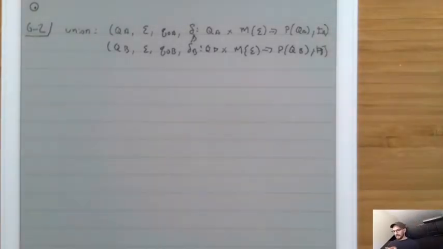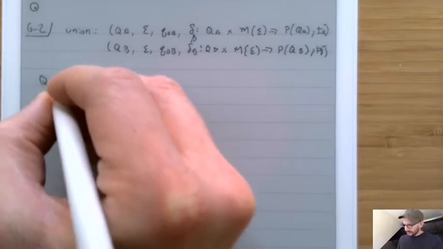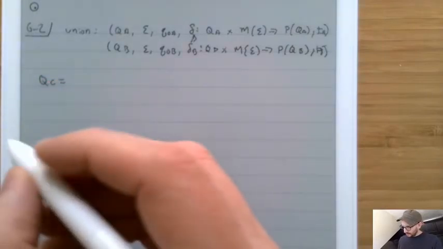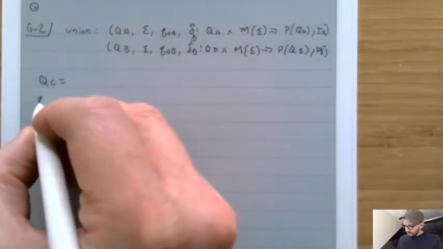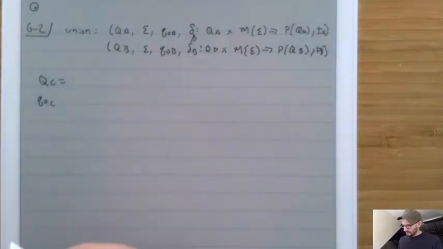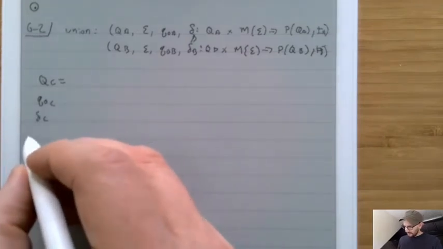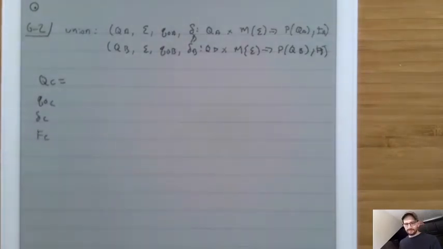All right. And its output is going to be QC, Q0C, delta C, and FC. All right, so let's look at the picture.